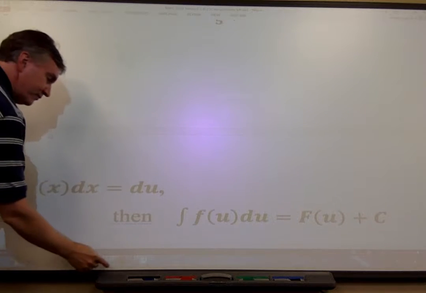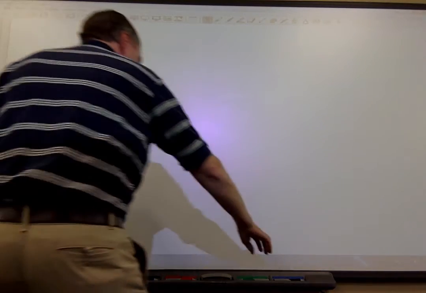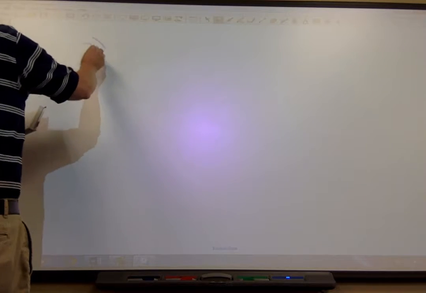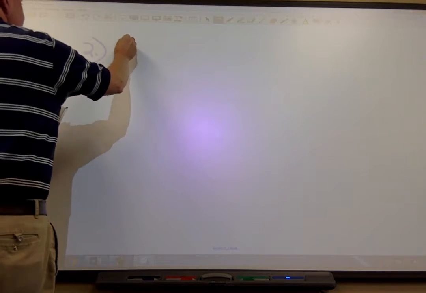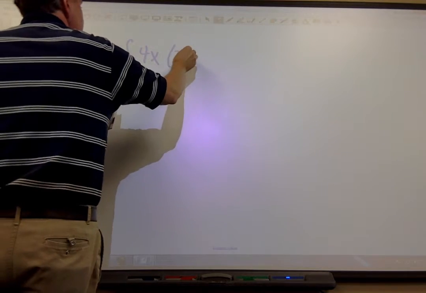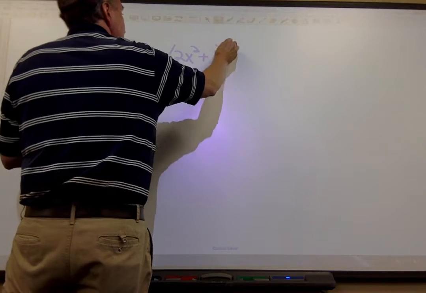This is 6.2, on page 418. Number 2 says the antiderivative of 4x times 2x squared plus 1 to the 7th dx.